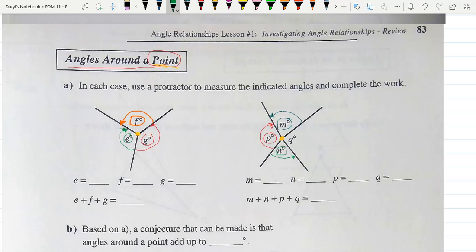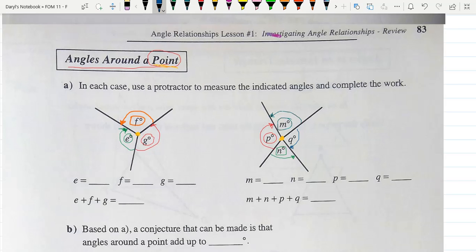And then angle Q is this angle. So you try to use the protractor and take the angle of each.